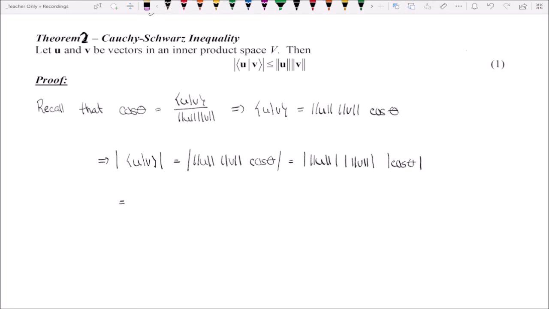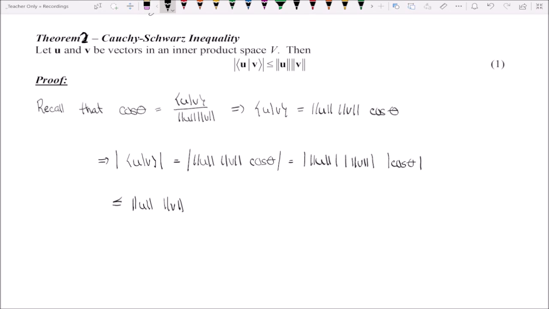All right, well, norm of u and norm of v, they're always non-negative. So we actually don't need their absolute values. Also recall that the absolute value of cosine of theta is less than or equal to 1.